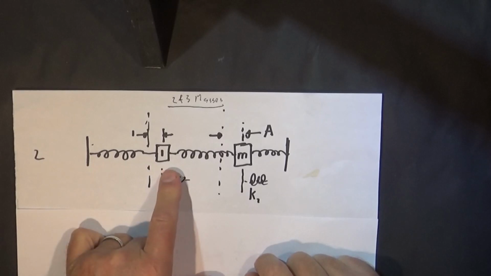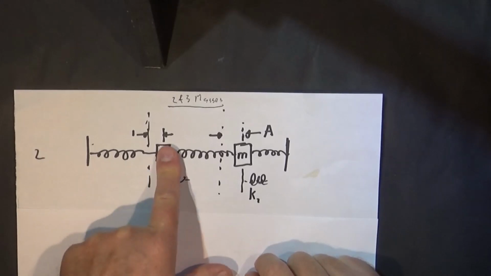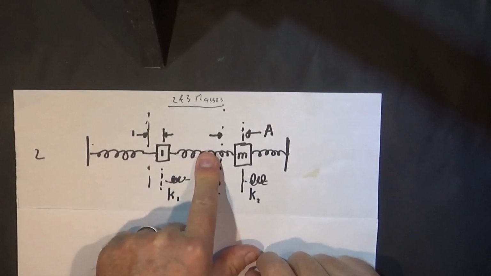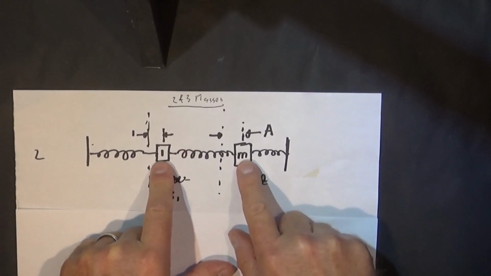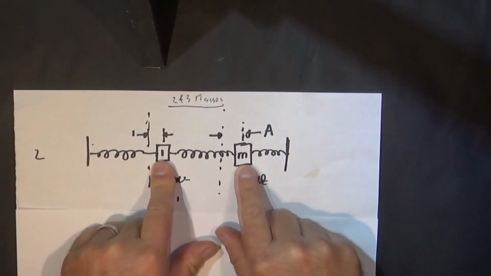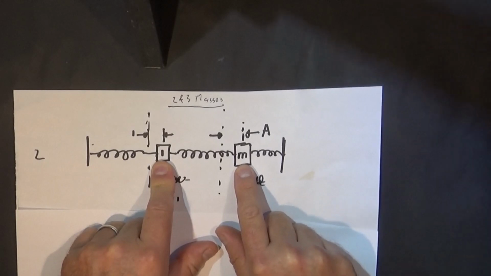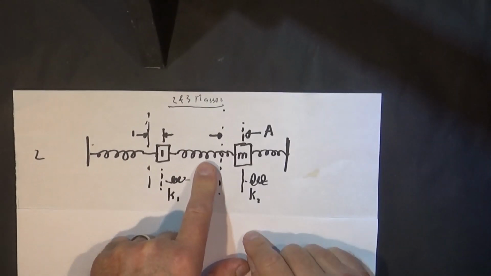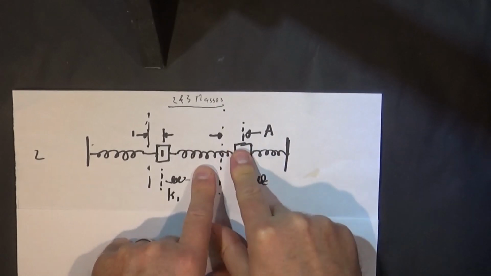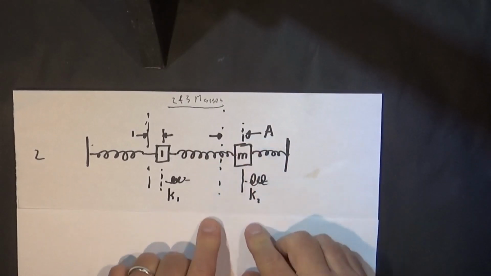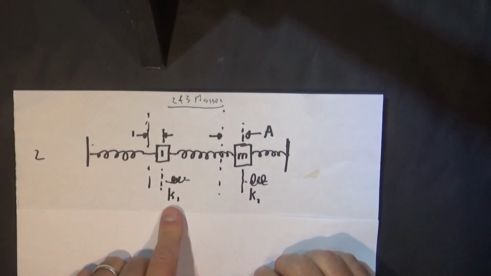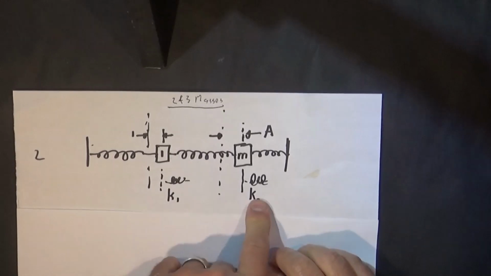So if you look at this mass, it sees this spring here and this spring here, and because that mass is always in phase or out of phase, it makes this spring seem like a spring that's connected to a fixed one end with a different spring constant, an effective spring constant that I've called K1 and K2.